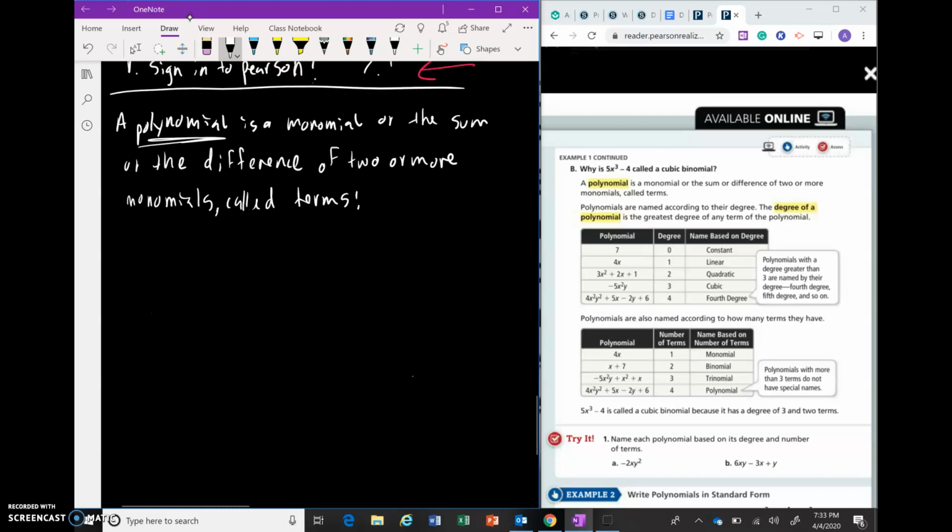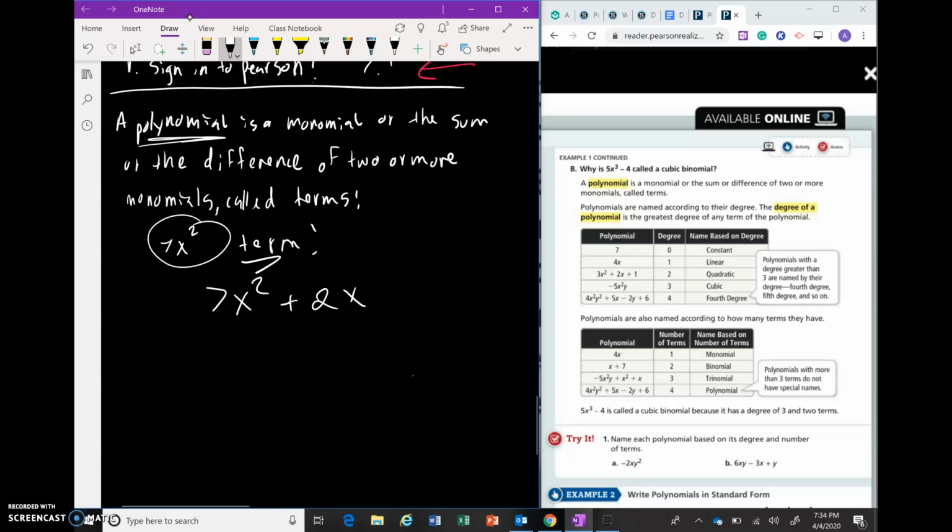We've been learning something like 7x squared, right, guys? It's a quadratic. This right here is called a term. Now if I give you something like 7x squared plus 2x, then we have one term, and then we have another term.